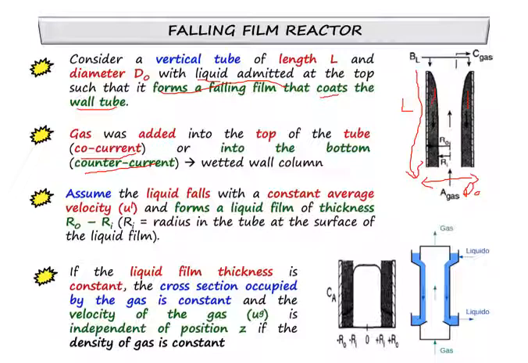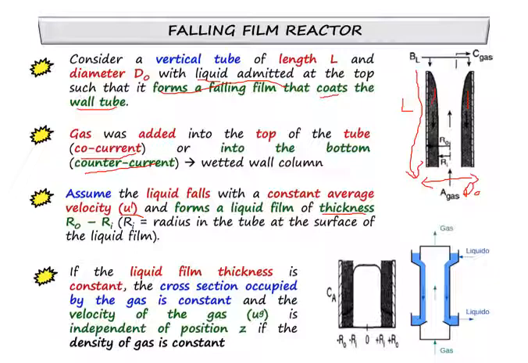So we assume the liquid falls with a constant average velocity, which we call U_L, L as liquid, and forms a liquid film of thickness, which we can calculate. Since the diameter here is D naught, we take the outer diameter, so the radius is of course R naught.